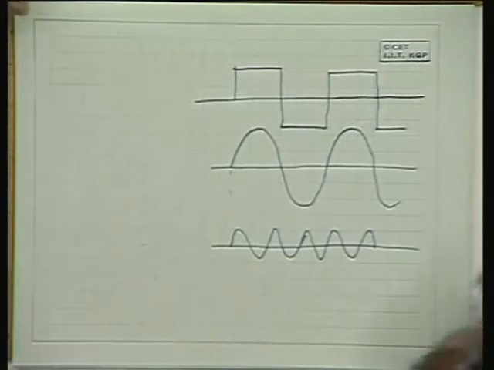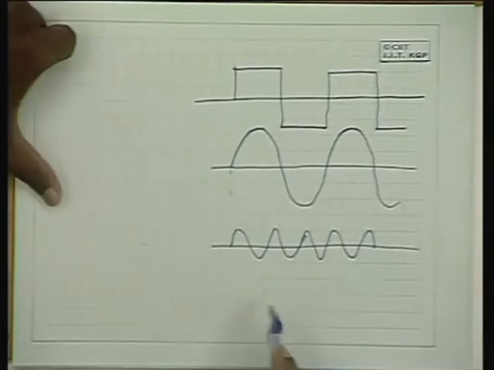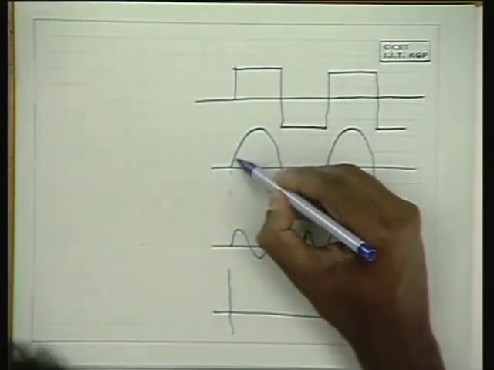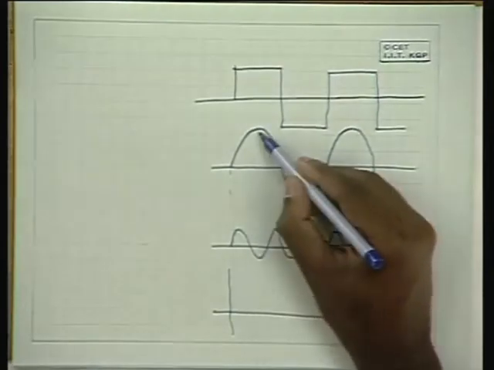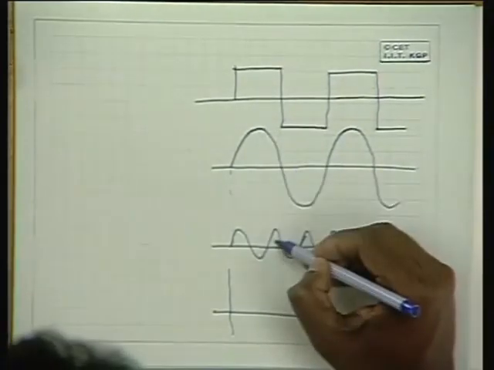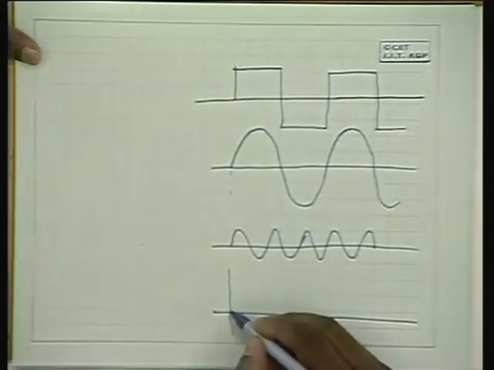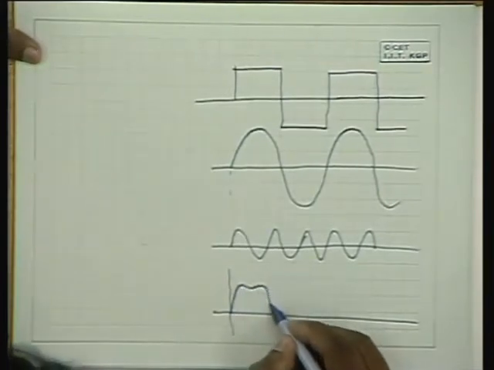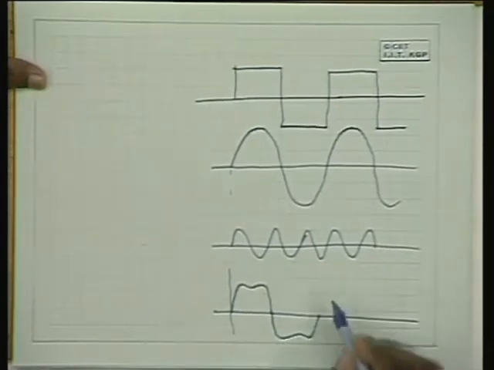Now, if I sum these two signals, what is the net result? You will find that this is adding some voltage to this, and at this point it is subtracting some voltage because this is negative and this is positive, and at this point again this is positive and positive. When I add these two, it will further add up. So, the net result would be something like this, right? And if you look at the negative cycle, here it will be like this.